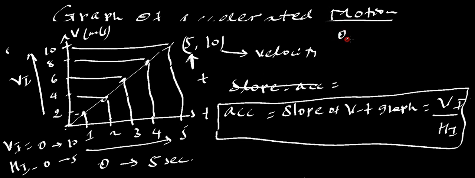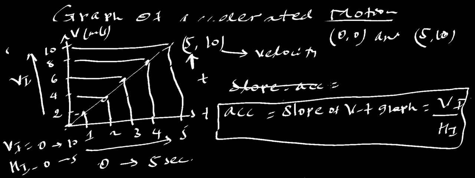Now, let's take 0 and 0. When time is 0, the velocity is also 0, and when time is 5, the velocity is 10. So this is time, this is velocity, 5 and 10. This means the vertical increase is from 0 to 10, and the horizontal increase is from 0 to 5.